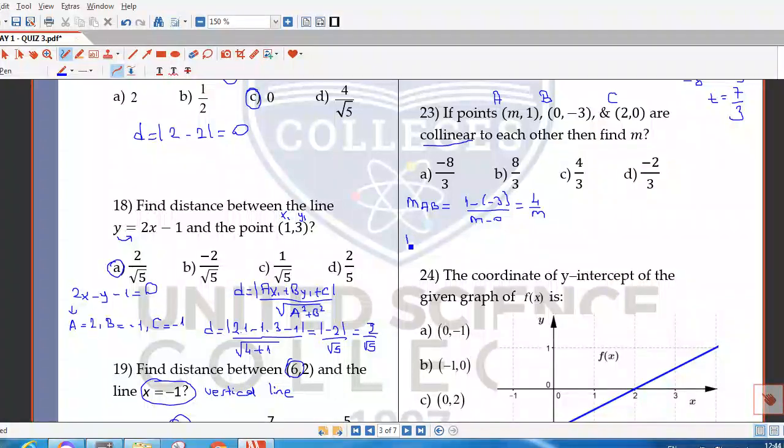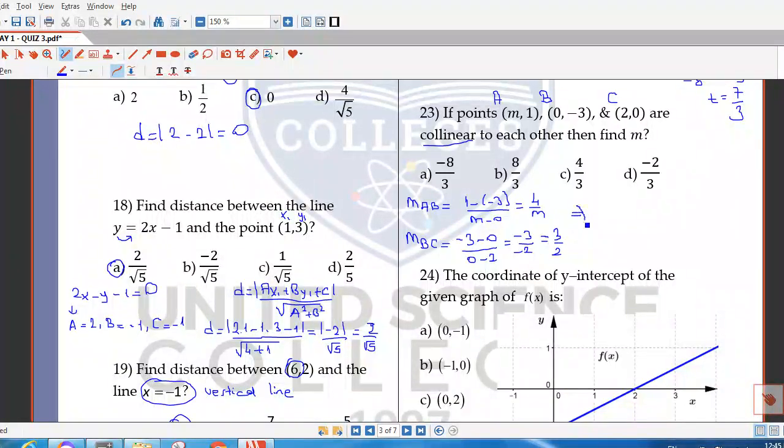The slope of line passing through BC: difference of y coordinates -3 minus 0 over 0 minus 2. It is -3 over -2. You may cancel the minus sign: 3/2.